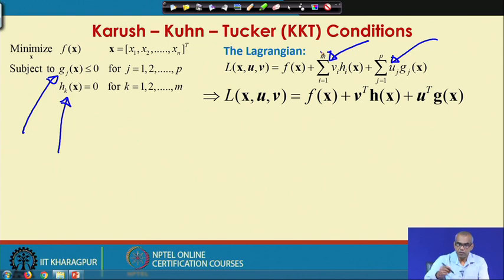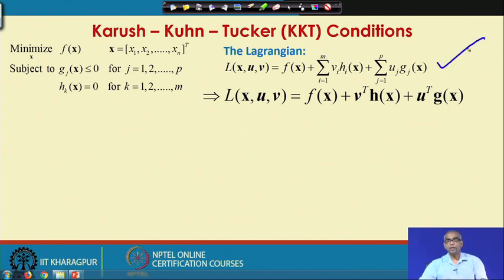Then you formulate the Lagrangian function as f(x) plus v_i h_i summed over all i equal to 1 to m plus u_j g_j summed over all j equal to 1 to p, which can also be written in vector notation like this.